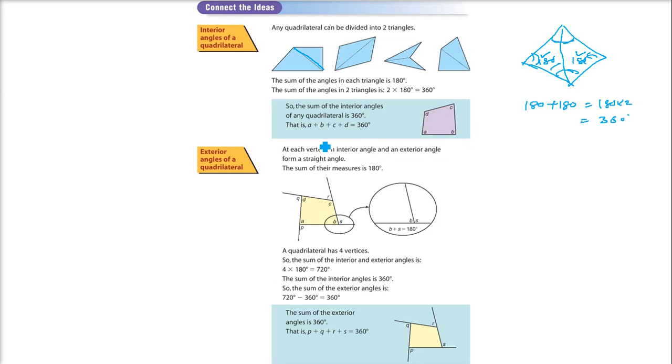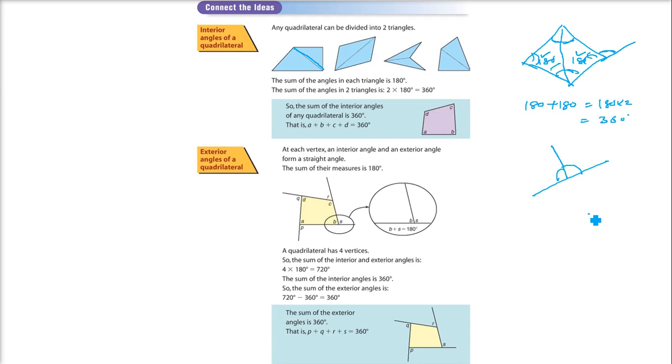And again, if you see each exterior angle of a quadrilateral, an exterior angle is always formed by extending the side. That is, if I extend this line, what will be this angle? We know that on a straight line, this angle and this angle will be 180 degrees.